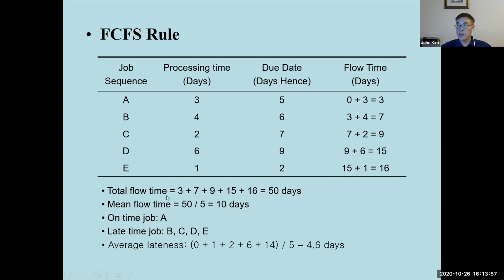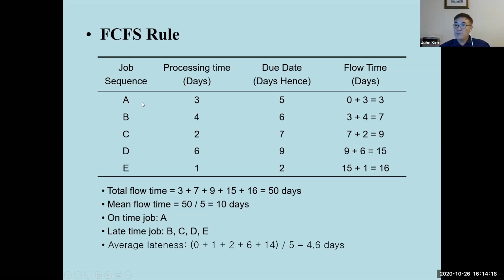So total flow time to complete all jobs is 50 days. And mean flow time is total flow time 50 divided by the number of jobs, 5, equals 10 days.